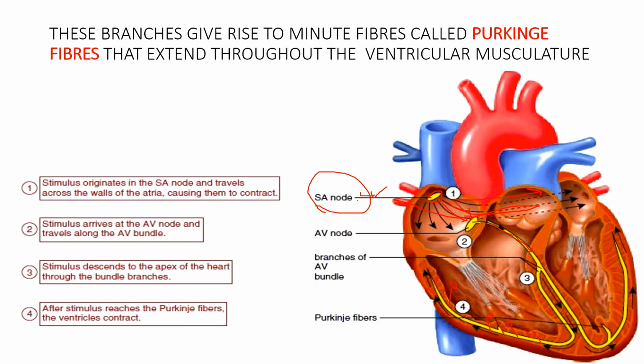The sinoatrial node releases action potentials into the atria, and both atria contract as a unit due to the presence of these intercalated discs in the cardiac muscle, which act as communication junctions.